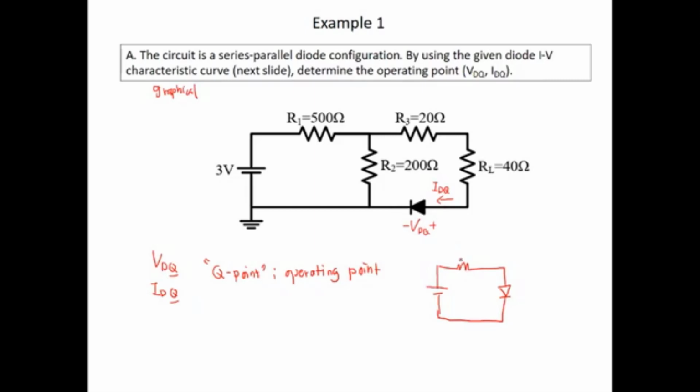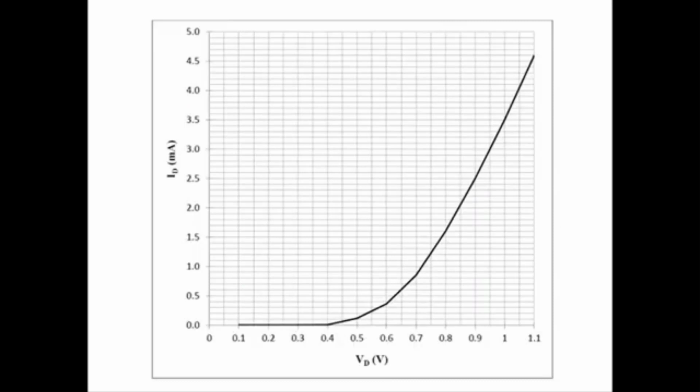So what you need to do now is simplify the circuit into this configuration. How can it be done? You can use Thevenin theorem. Okay, this is the IV characteristic of the diode that we need to use.